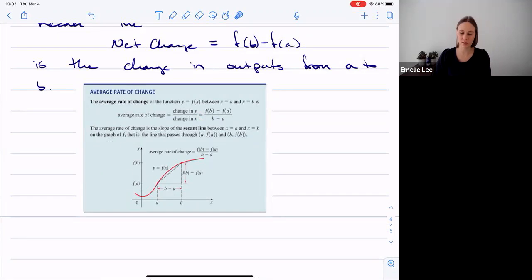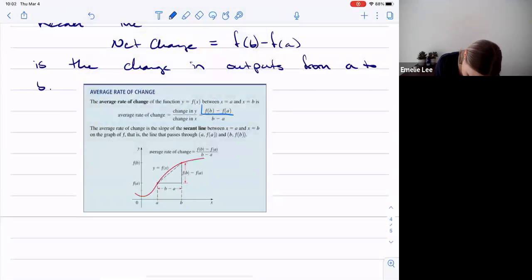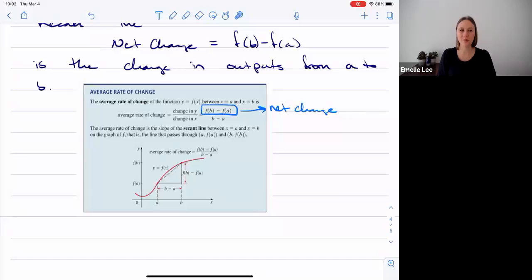If you have f of b minus f of a, we recognize that on its own, this is the net change from before, over the distance in x, which is b minus a, because a is going to be less than b.